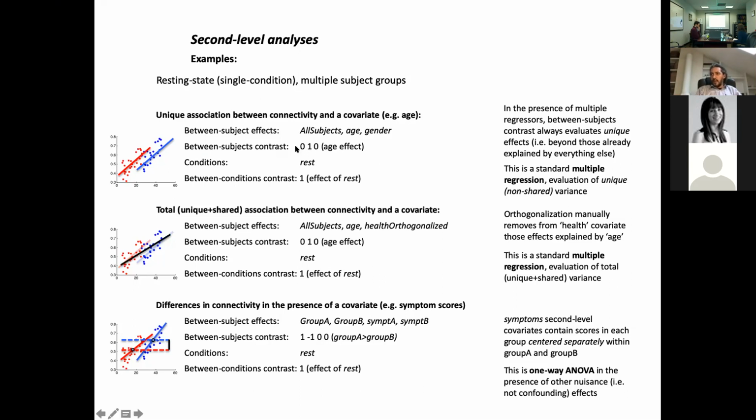And then if you evaluate a contrast like this, for example, using a 0, 1, 0 contrast to look at the age effect, the question is, well, what is it that we are measuring here? When we look at the age effect, how does it play with the potential interplay between age and gender? So for example, in this example, we are assuming that males are these blue guys and females are these red dots, and age is this covariate.